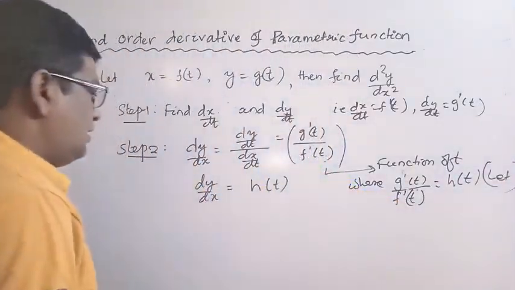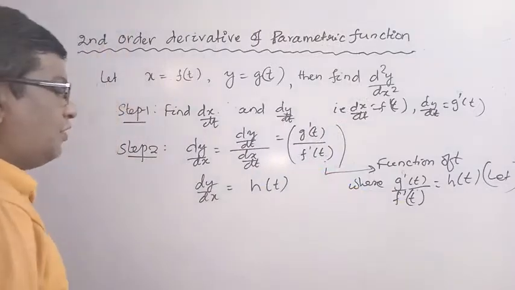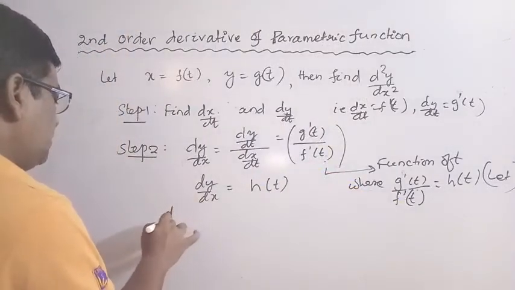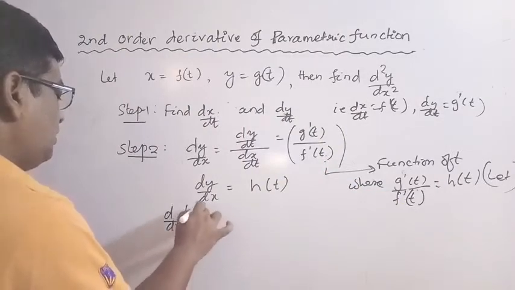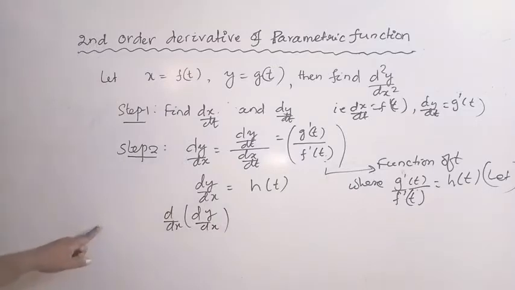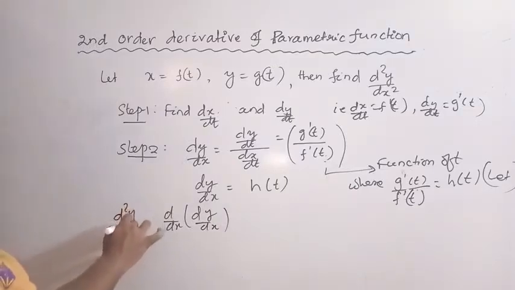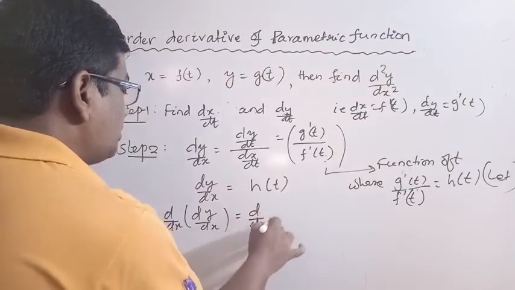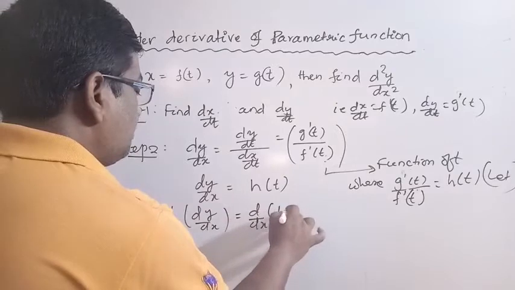Since it is the function of t, now to find d by dx of dy by dx, which is equal to d square y by dx square. Now what is here? d by dx of h of t.